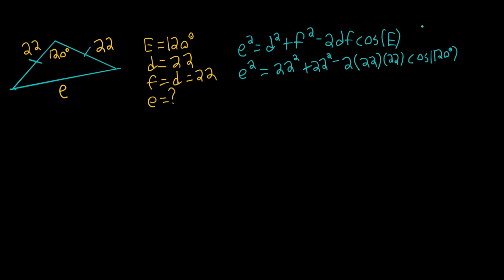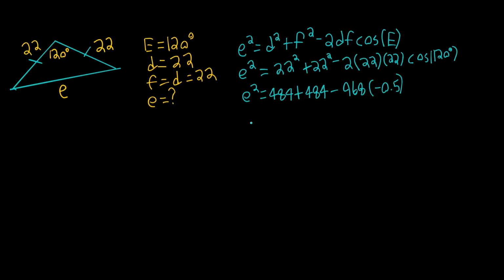So, plugging everything into our calculator, that gives me E squared is equal to 484 plus 484 minus 2 times 22 times 22. So it's going to be 968. And the cosine of 120 is negative 0.5.